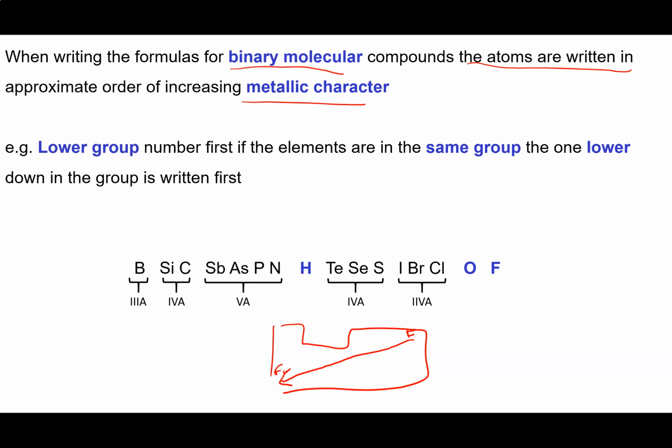So from fluorine all the way down to francium. Now that can be a lot to remember, but the key thing is you put the lower group number first, but if you do happen to have two elements in the same group, then the one that is lower down in the group comes first. There are some other rules for this, but we're not going to get too hooked up on that.